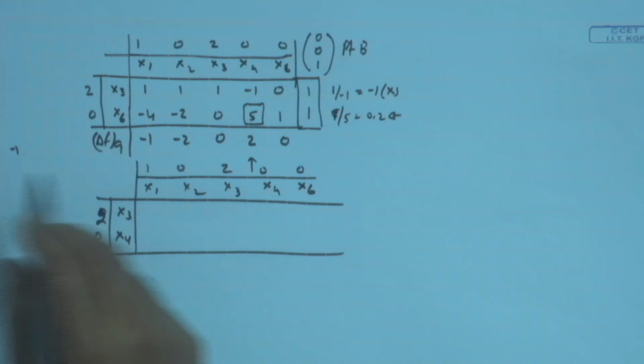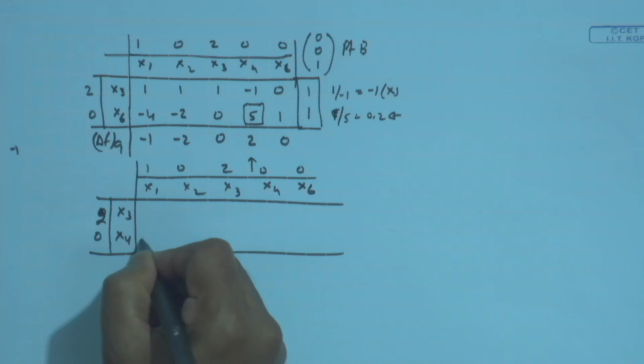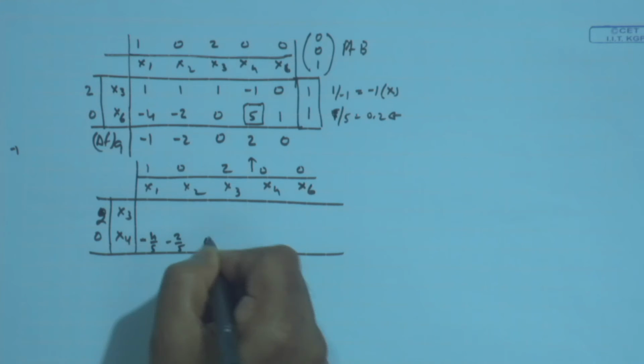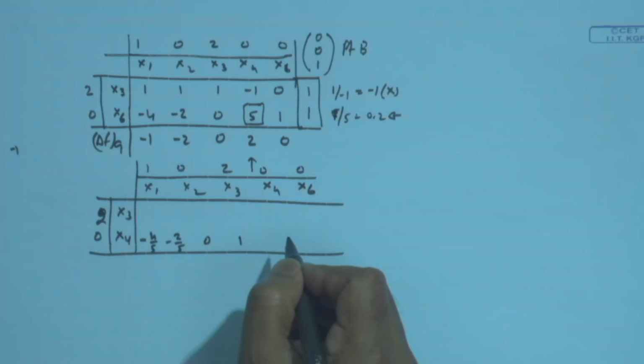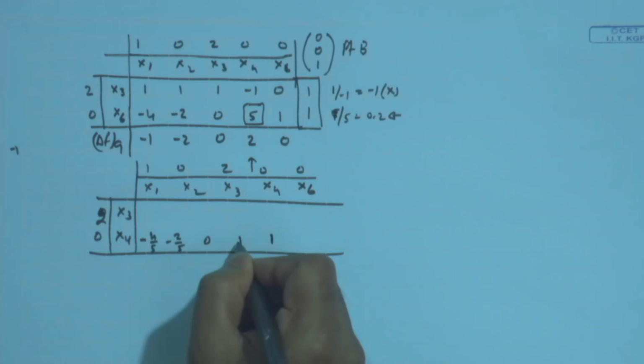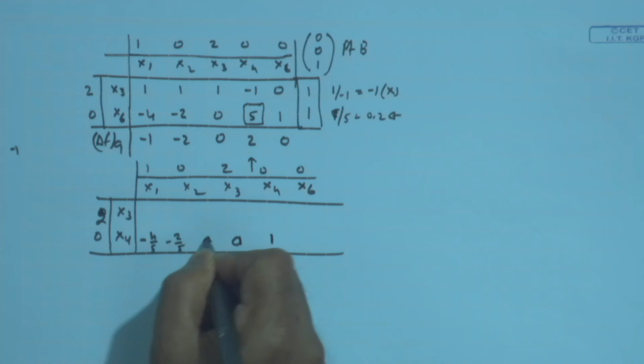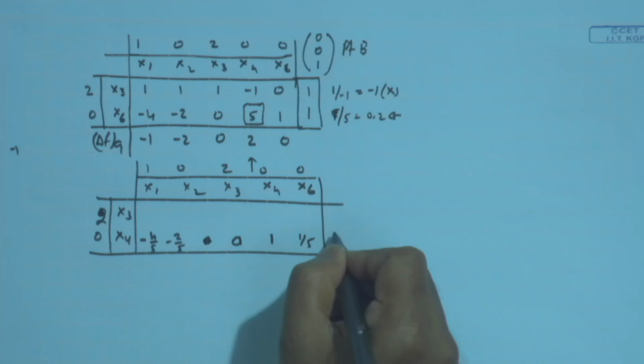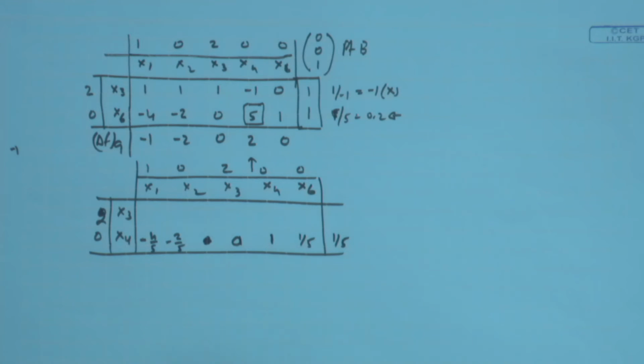How do I make 5, 1? By dividing everything by 5. So I have minus 4 by 5, minus 2 by 5, 0, 1. Sorry, this is 1. This is x3, which is 0. x2 is minus 2 by 5. And x6 is 1 by 5. And this will also be 1 by 5.